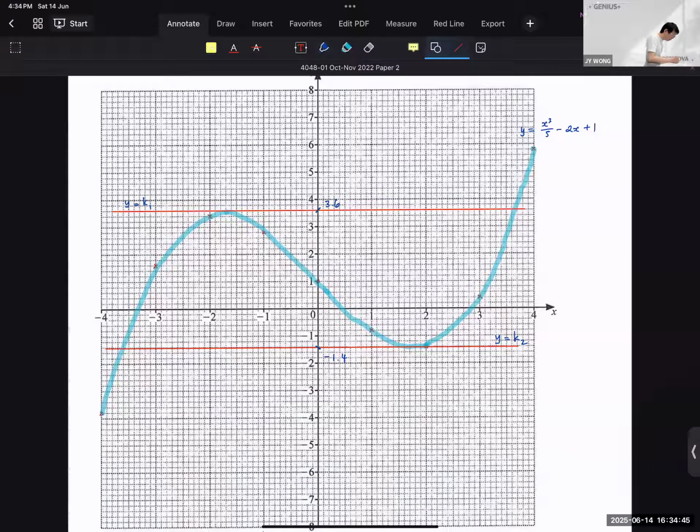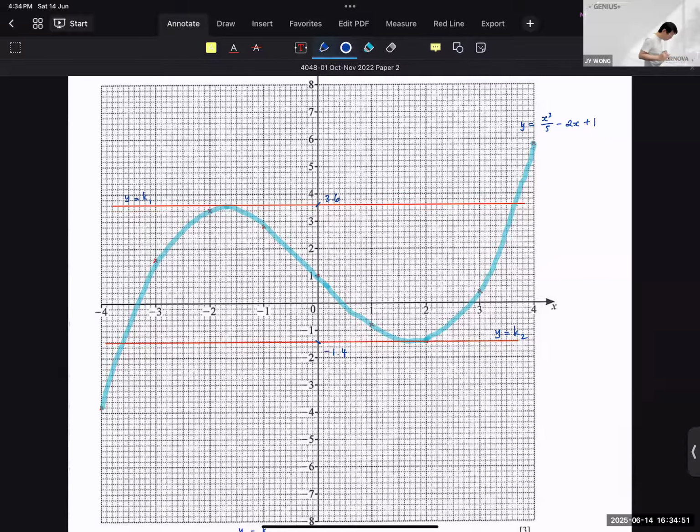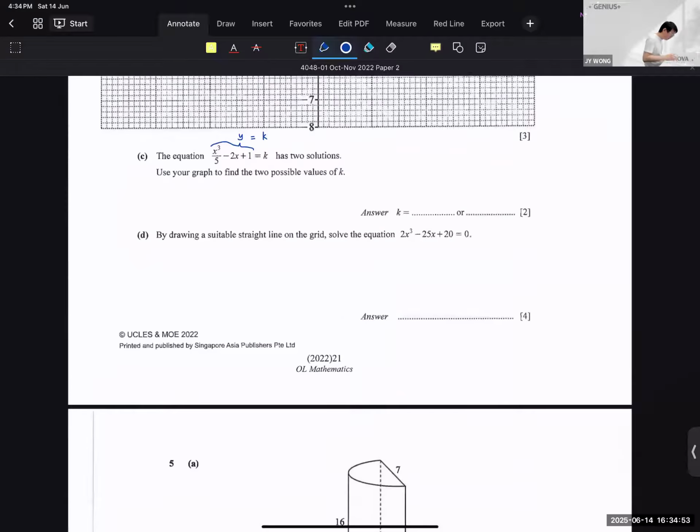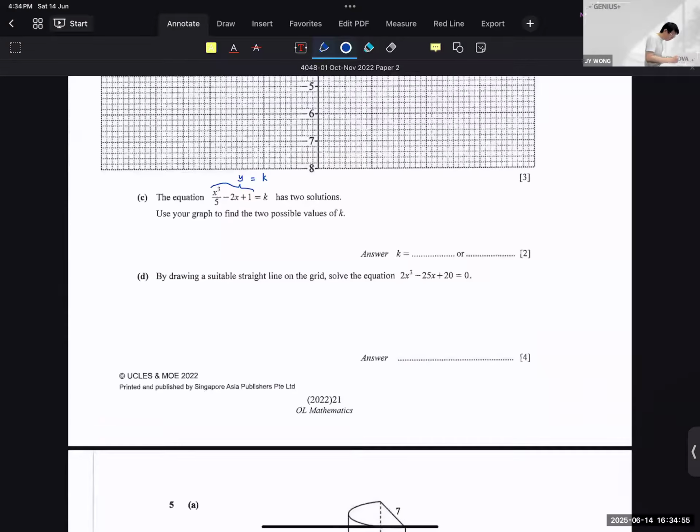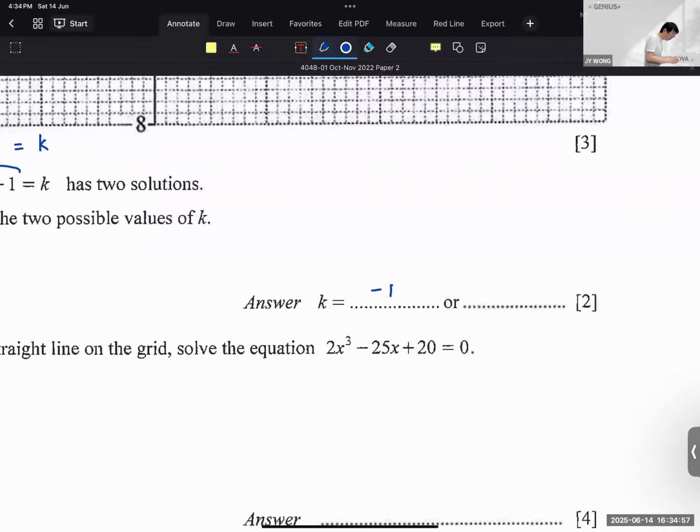Even though I think my graph is horrendous, I'm still very close. So both my solutions here will be accepted. Okay, so if it's negative 1.4 or positive 3.4, then the range is plus minus 0.2. Okay, but this is the computer solution.